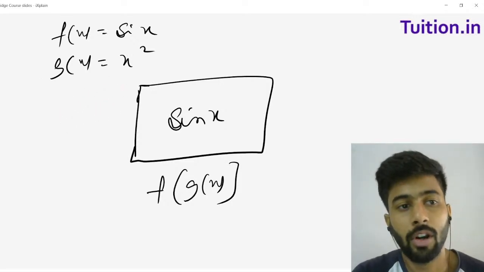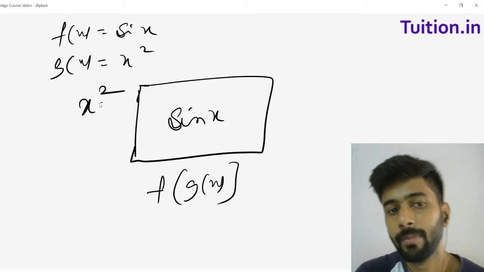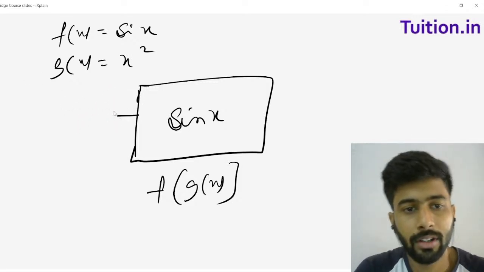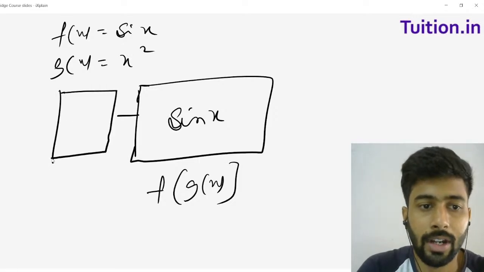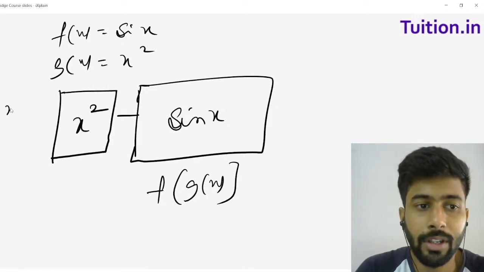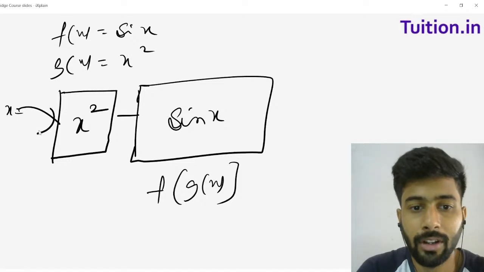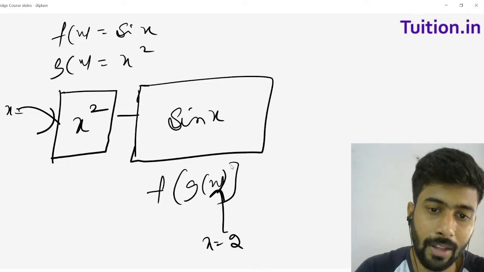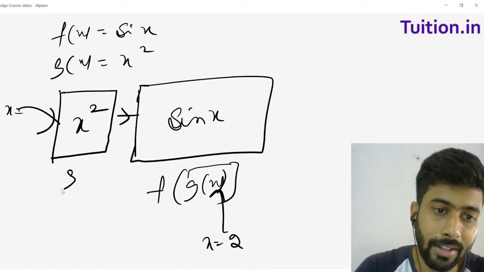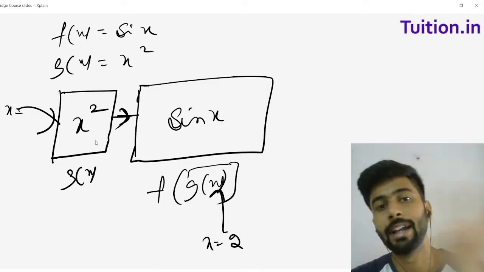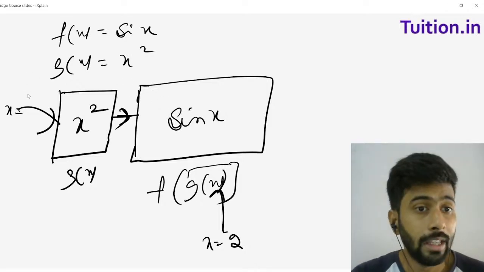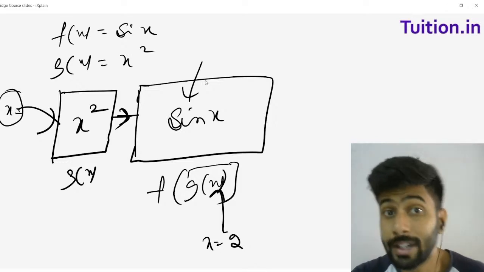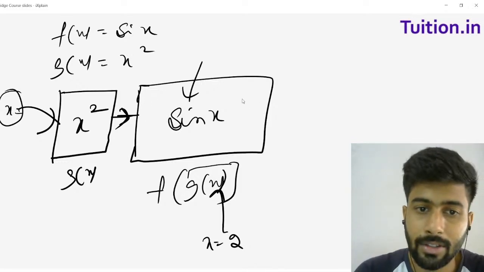which means my input will not be x, my input will be x square. Which means right before this block, there is another block called x square. So when you give x as input, you will first have to give it to this block. When you give x equal to 2, that 2 will go into g(x) first. And then the output that you get from g(x) is fed into sine x. Which means even if you are giving x as the actual input, sine x is taking x square as the input, not x.